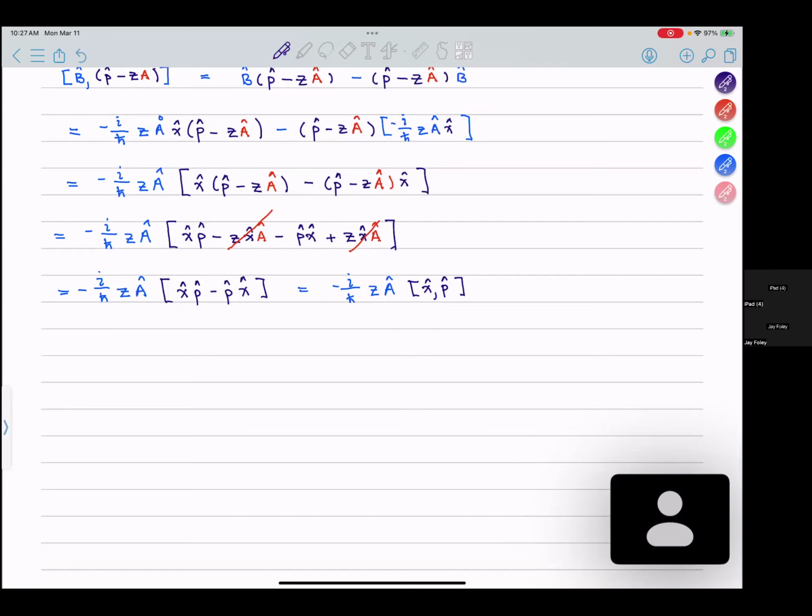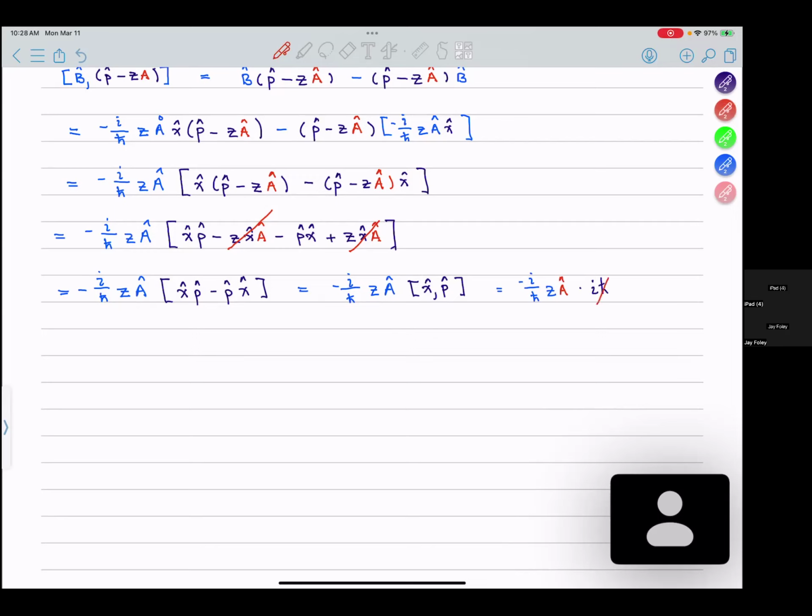So this whole thing is equal to minus i over h bar z a hat, which I'm going to start writing in red again, multiplied by i h bar.